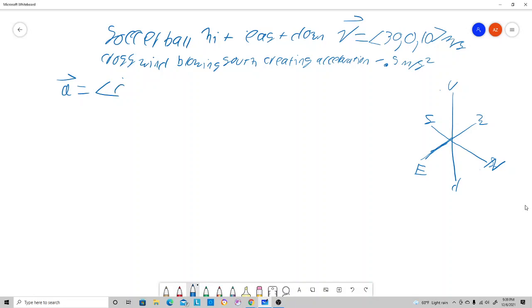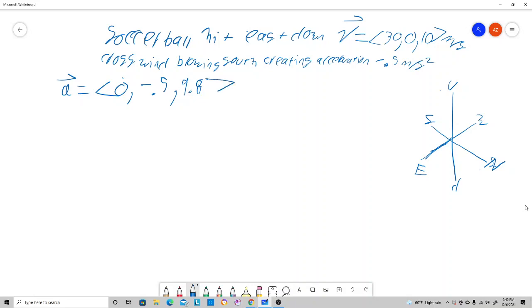So 0 horizontal, a y direction of -5, so -0.5, and then another type of acceleration that's here on Earth, 9.8, the acceleration due to gravity.